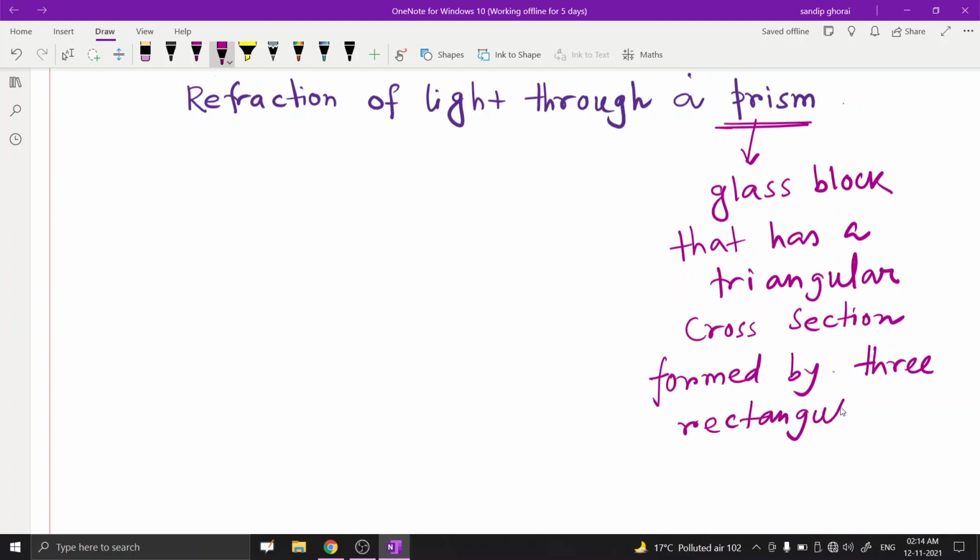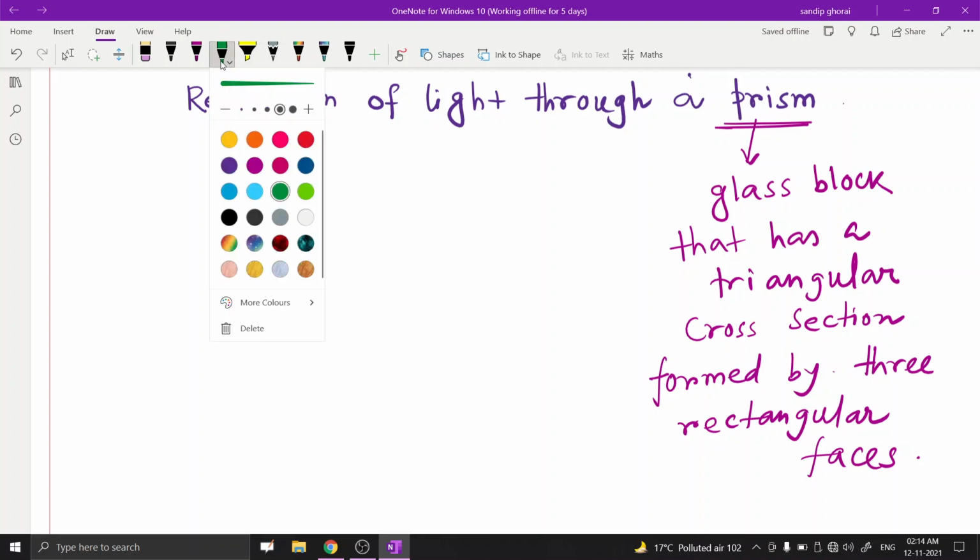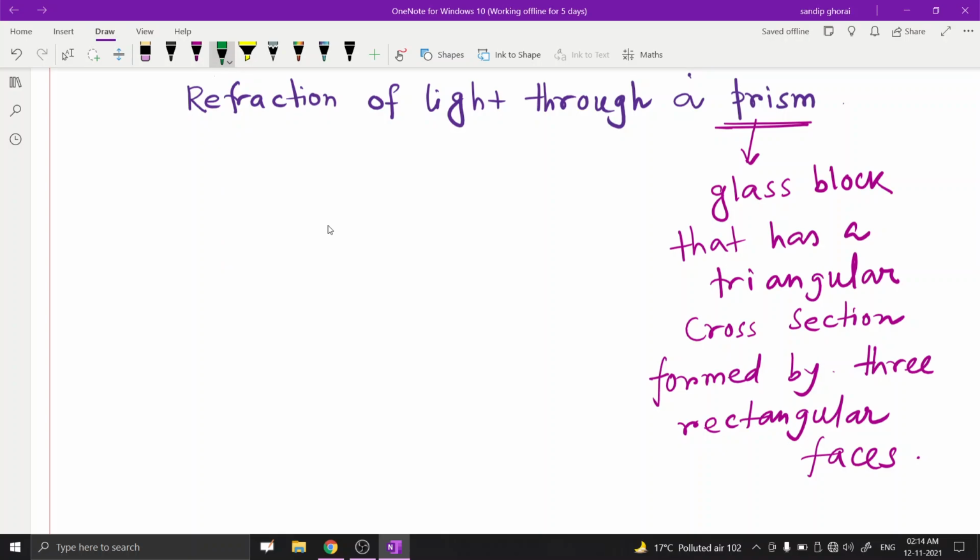That means a prism is shown in this manner. If we draw a prism, then we get this type of shape.